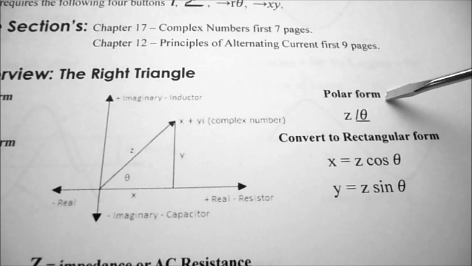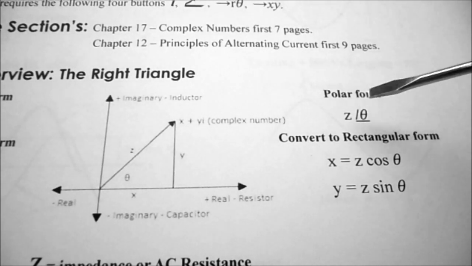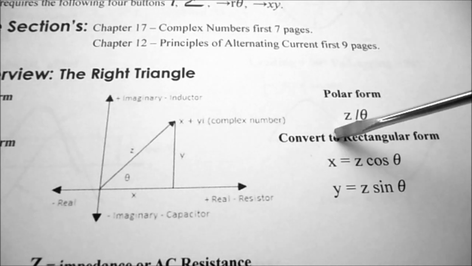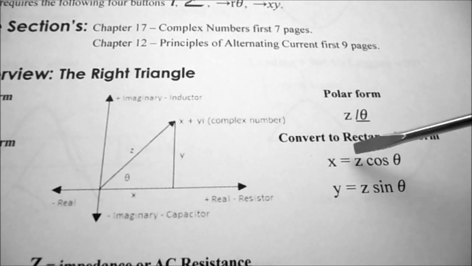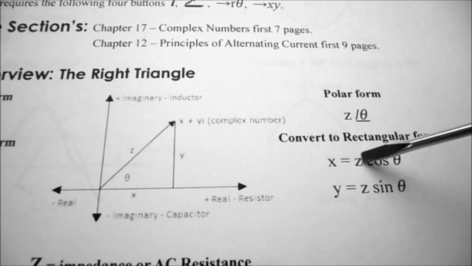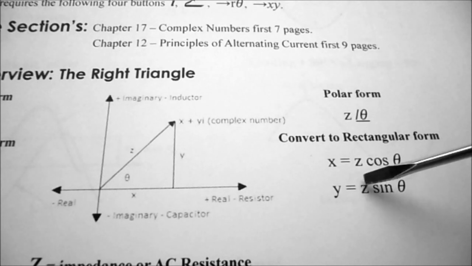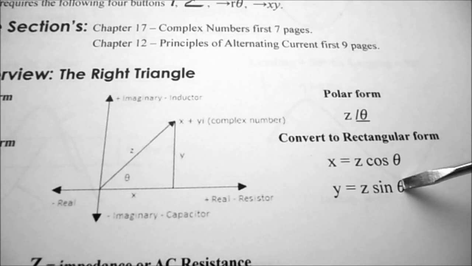To convert from the polar form, where we have a magnitude and a phase angle, converting to rectangular form, x is equal to z cos theta, and y is equal to z sine theta.